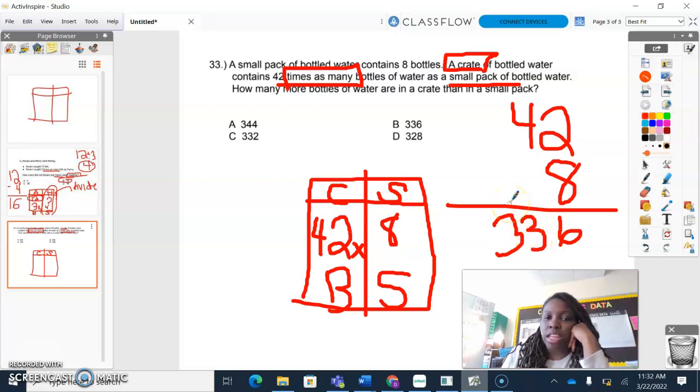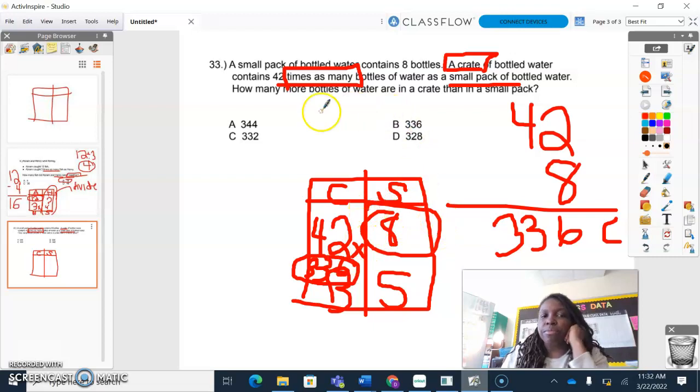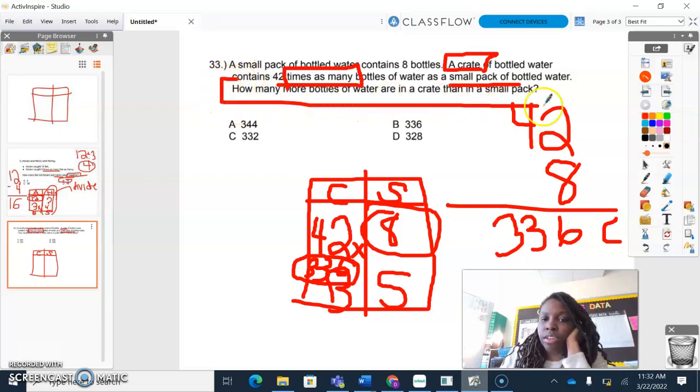But that's not it. 336, a crate of bottled water contains 42 times. So I know a crate, I'm going to put a C, is 336. And a small pack is 8. It says, how many more bottles of water are in a crate than in a small pack? What keyword do you see here? Good, many more. Many more means to subtract.